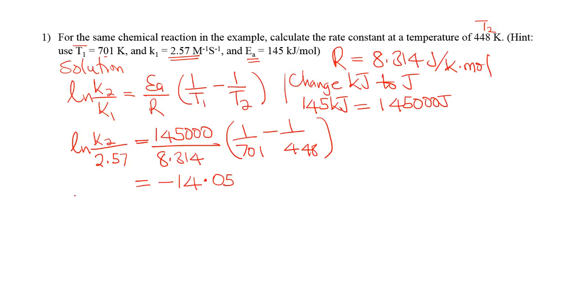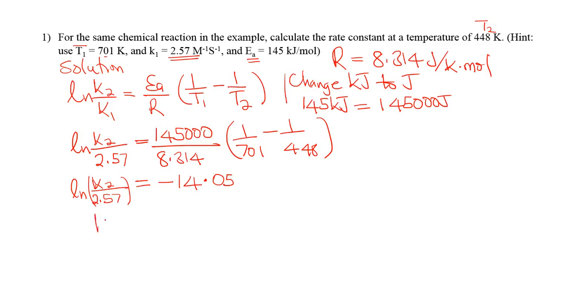So I'll just rewrite this one, K2 divided by 2.57. Let us take note that this is in parentheses. Now you are removing the natural log this side. If you remove natural log this side, this one should be e to the power the whole thing here.